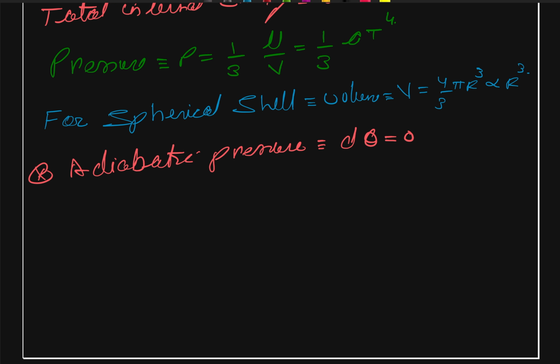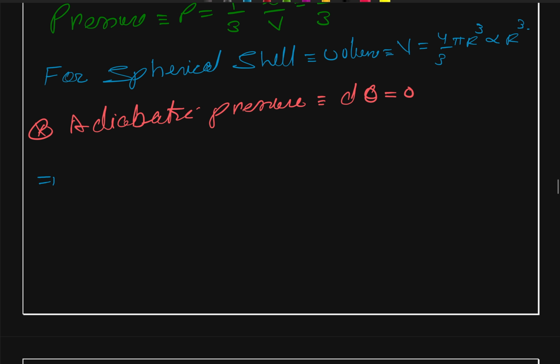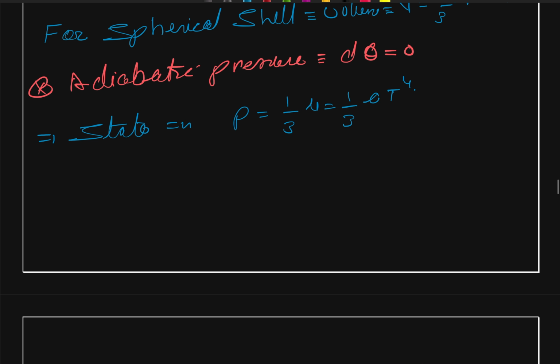Thus we can write the state equation, where P will be equal to, which is already given to us, 1 by 3 u, where our u is equal to 1 by 3 A T raised to power 4, and our internal energy U will be equal to A T raised to power 4 times volume.